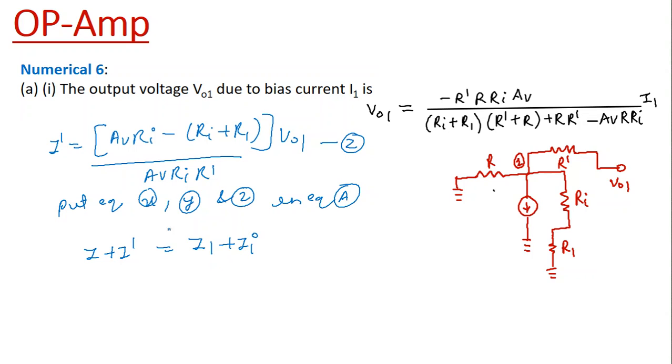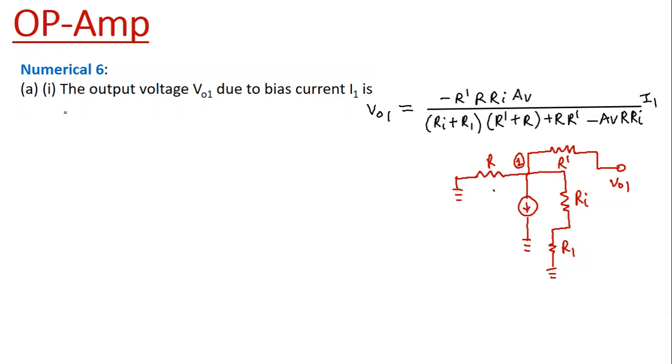We put the values of I dash and II in this equation and solve. So I plus I dash is equal to I1 plus II.